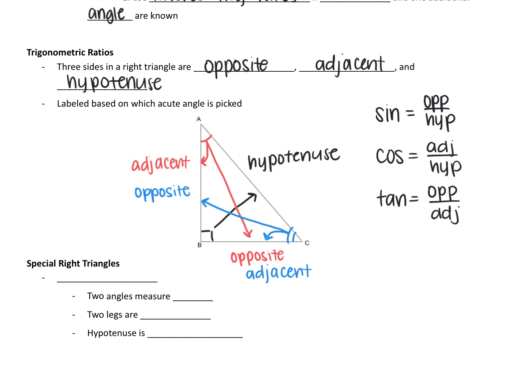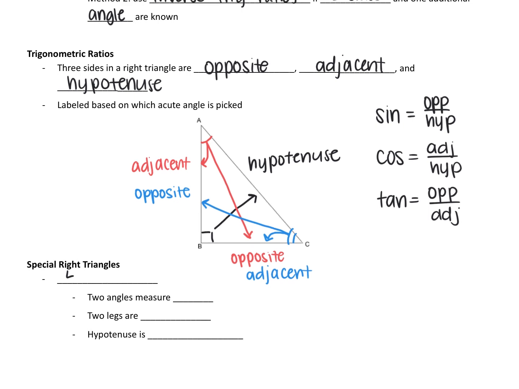The other type of right triangles we have are something called special right triangles. And there are two special right triangles that we are going to talk about. The first one is a 45-45-90 special right triangle.